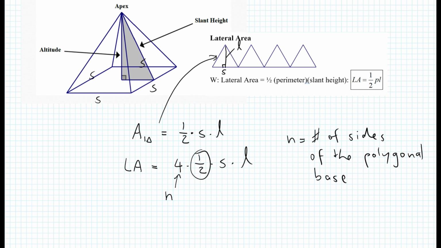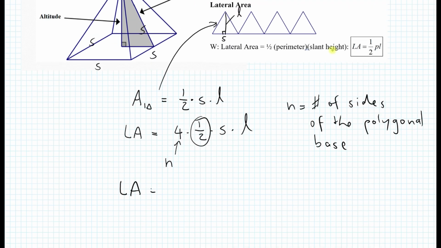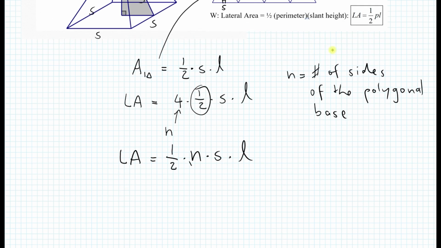So that means that in this case, the lateral area is equal to 1/2 times N times S times L. Let's think about this. N times S, what is that equal to? The number of sides of the polygonal base times the length of each side. Well, that is equal to the perimeter P. Therefore, the lateral area is just equal to 1/2 times perimeter times slant height. So that is the formula to find the lateral area.